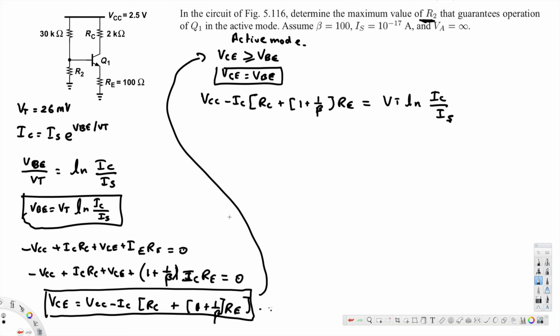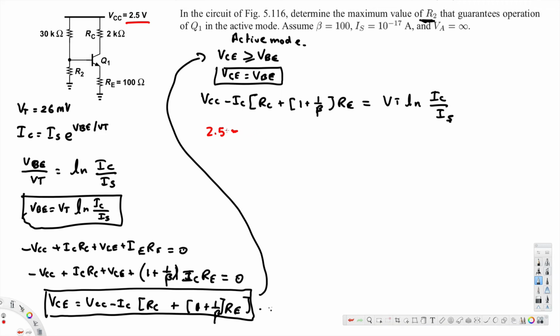Now let's go ahead and plug all the values we have. VCC we have 2.5. IC we don't have the value, so here we can solve for IC, because except IC we have all the values.